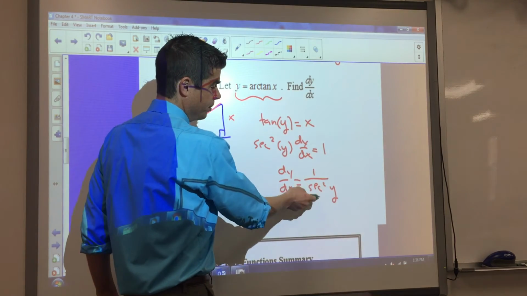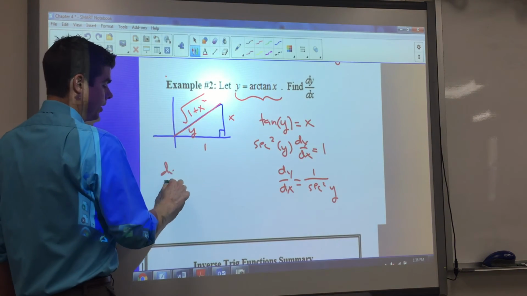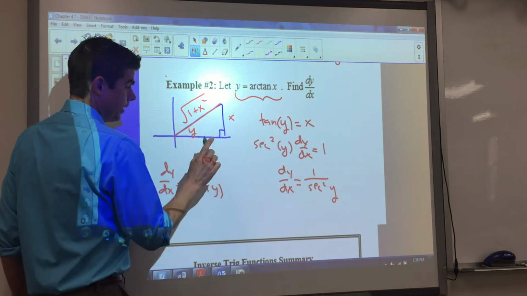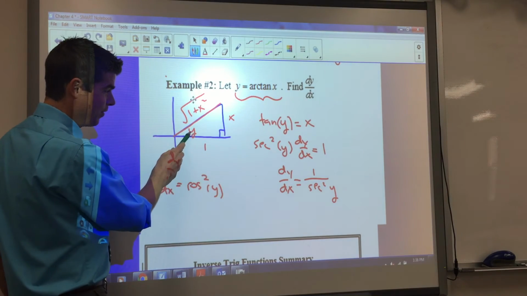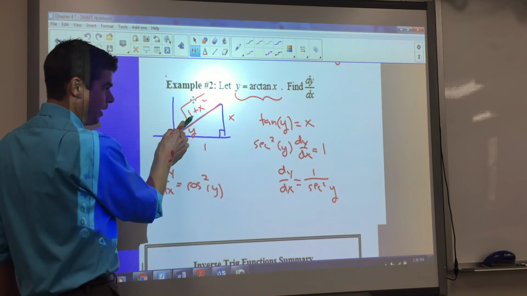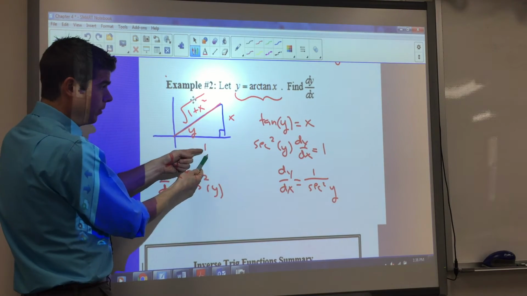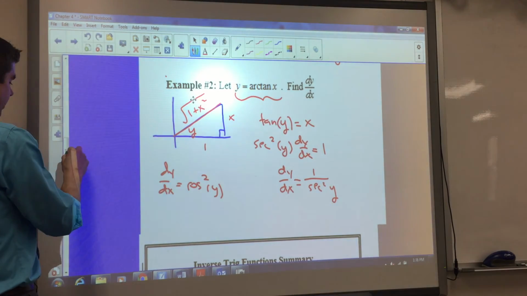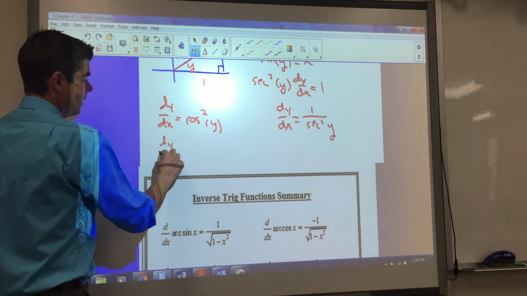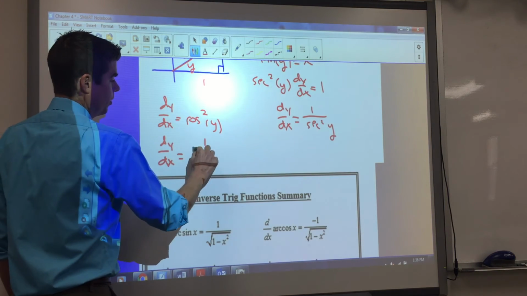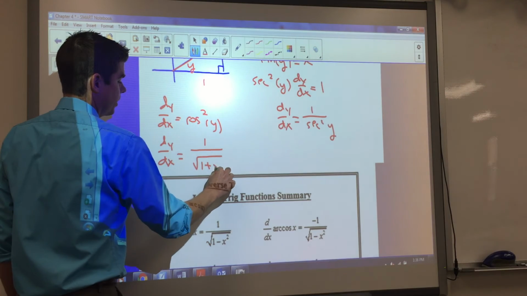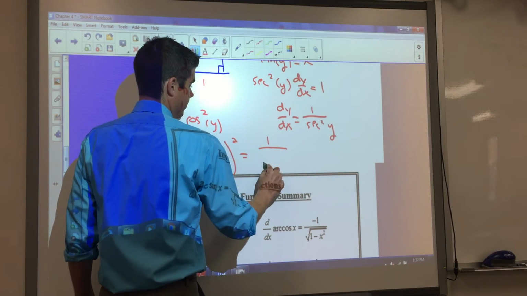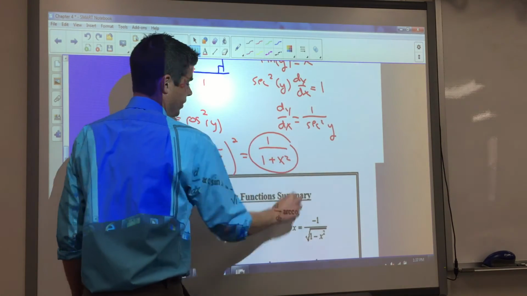Or if I realize that that's a reciprocal of just cosine, dy dx is equal to cosine squared of y, and now try not to mess this up, cosine of y would be adjacent over hypotenuse, squared. Doesn't affect the 1, but now we see where that square root goes away when I'm squaring it, because they undo each other. So dy dx is equal to 1 over 1 plus x squared, which is our definition that we have below. There's our derivative of arctangent.